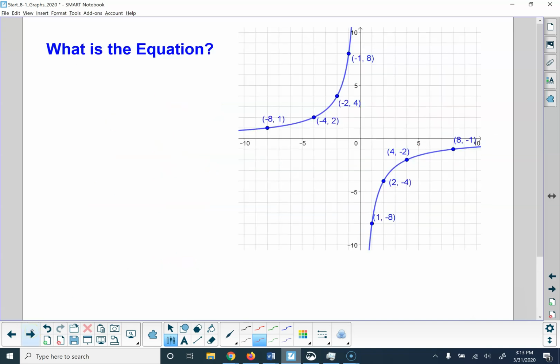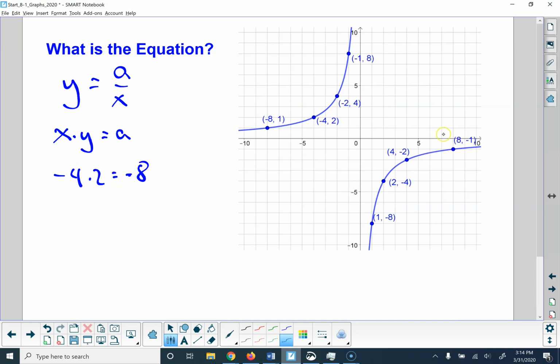There we go. Last step. What about if you have a graph and you want to know the equation? Well, we can think of it as y equals a over x, but yet again, this is going to be simpler if you write it as x times y equals a. Pick a point. We'll pick (-4, 2). -4 times 2 is -8. Let's pick a different point.